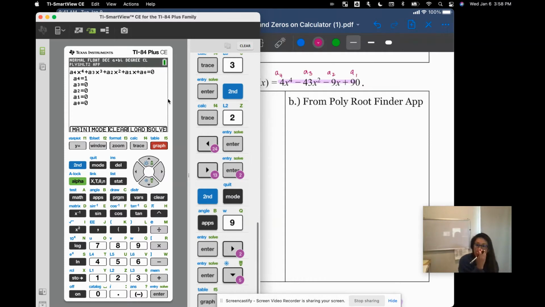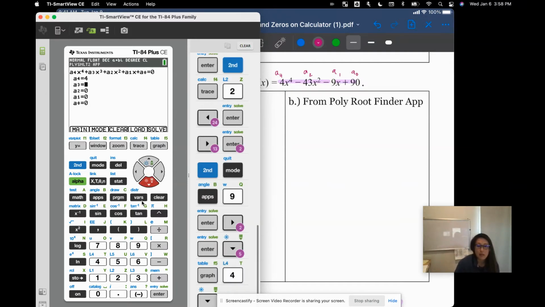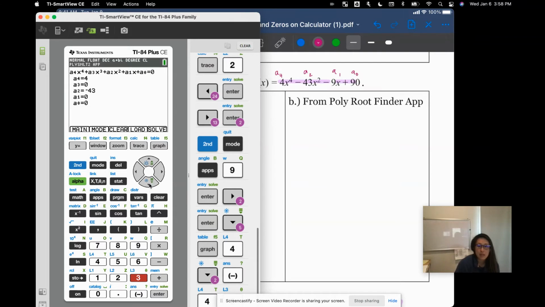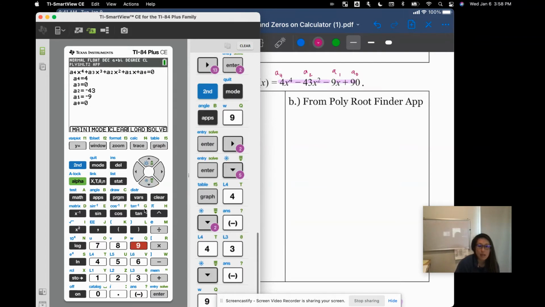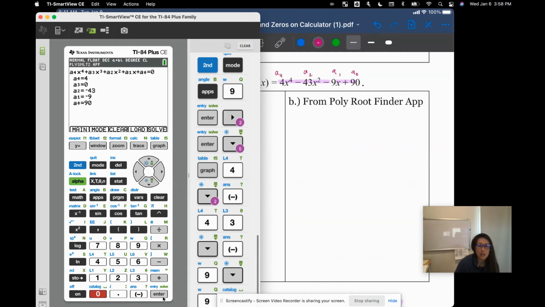Just kidding, we don't have an x cubed, so A3 is 0, A2 is negative 43, A1 is negative 9, and A sub 0, your constant, is 90. So I have 4 as my leading coefficient, 0 as my x cubed term, negative 43 as my x squared term, negative 9 as the coefficient on x, and 90 is my constant.